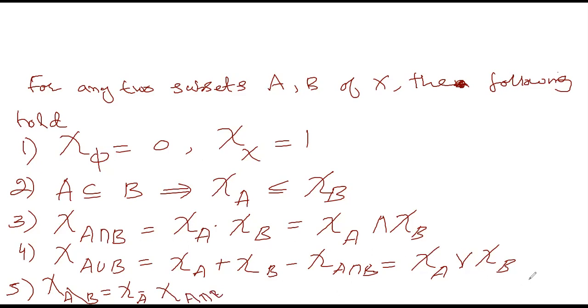And the last property, the sixth property, concerns a disjoint union.